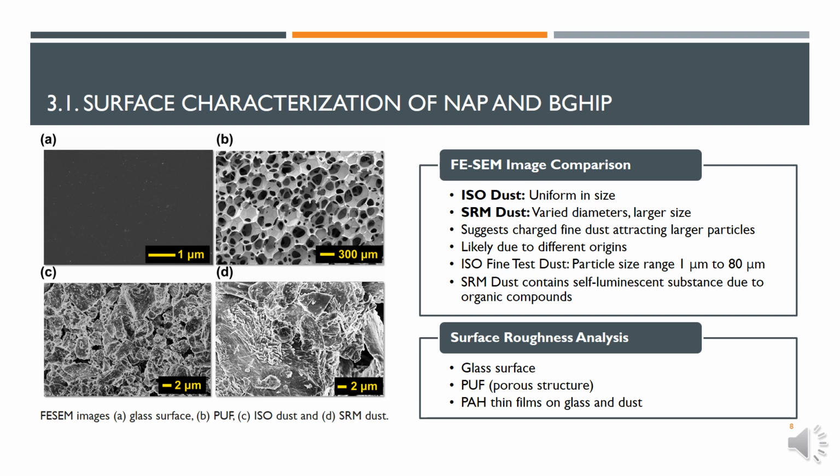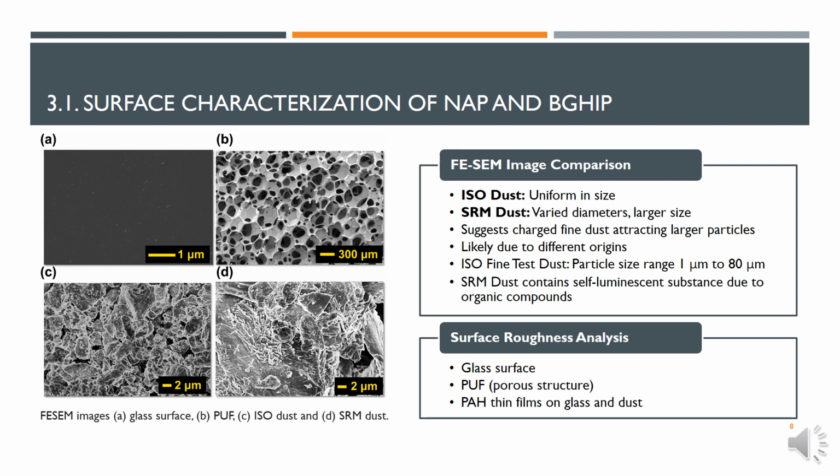The distinctions suggest that finer dust particles are charged, exerting attractive forces on larger particles. The variations are attributed to the different origins, with iso test dust spanning particle size from 1 micrometer to 80 micrometers.